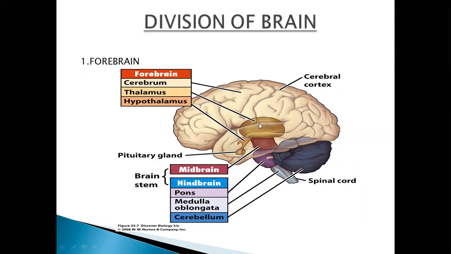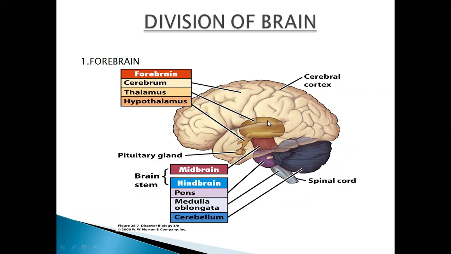This is the thalamus. It serves as a relay center between various parts of brain and spinal cord. It also receives and modifies sensory impulses, except from the nose. Except the nose, all the sensory information is coming towards this part of the brain. This is handling all the sensory information, right? Thalamus is also involved in pain perception, like if you are feeling pain in your body and your brain feels that pain.